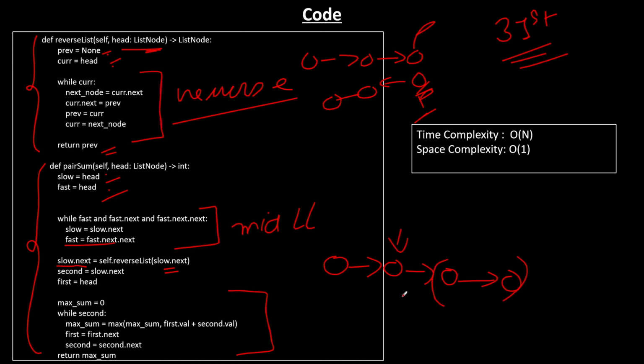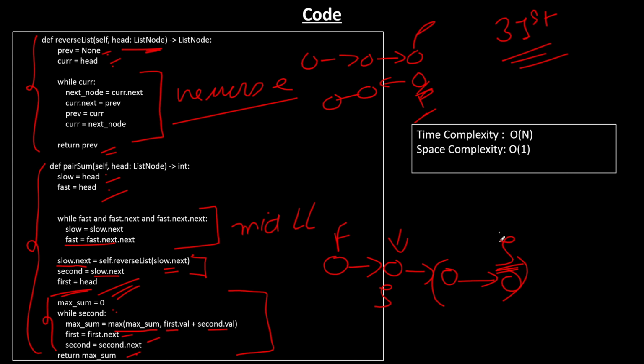If you could see, slow will be standing here, and slow's next is sent to get reversed. Fine. This is what is done here. And then in second, we keep slow's next value, which is the head of the reversed linked list, and first goes to the beginning of the given linked list. Fine. So then we just iterate while second is not null, we add the values, take the maximum sum here, then we go next, next, and we just return.